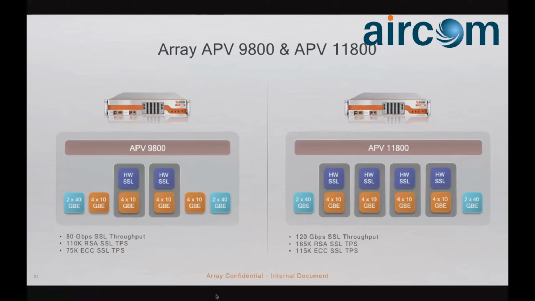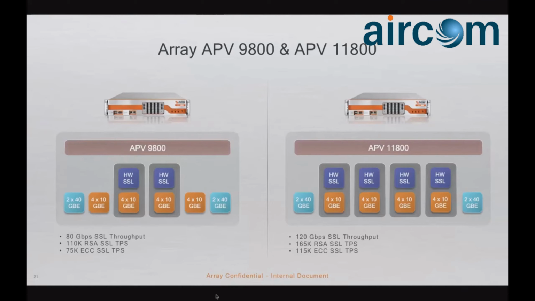If you want to go even more scalable, look at something like the APV 11800, where you have 4 piggyback combo cards giving you your interfaces, but also your hardware accelerated SSL on board. These are very conservative estimates, and the performance can be even greater, but a minimum of 120 gig in SSL throughput, 165K TPS for RSA ciphers, and 115K TPS for ECC ciphers.